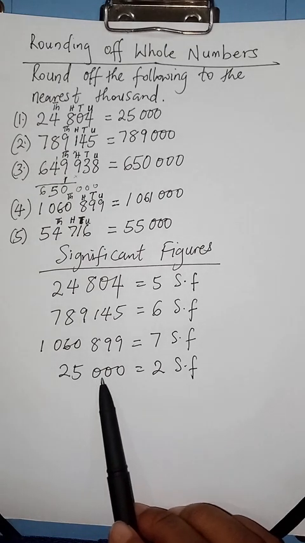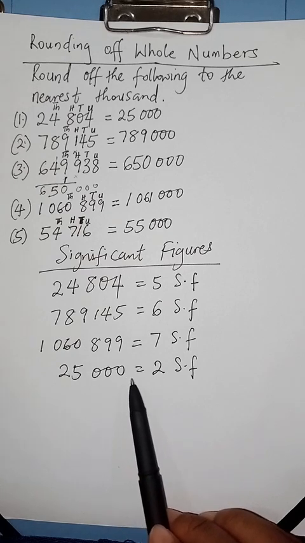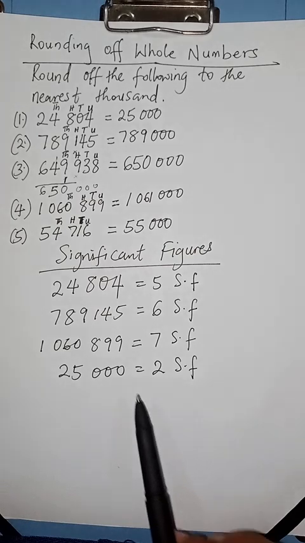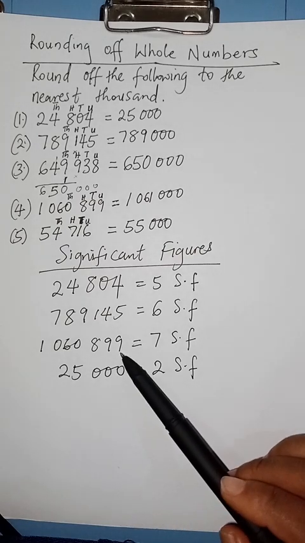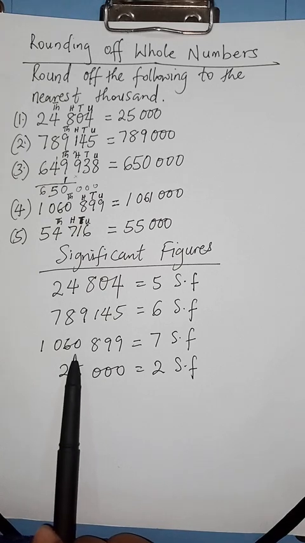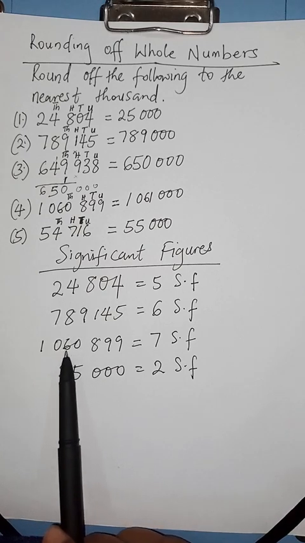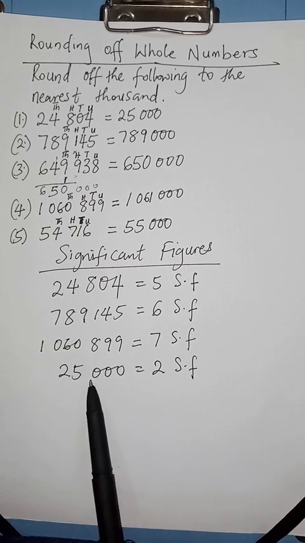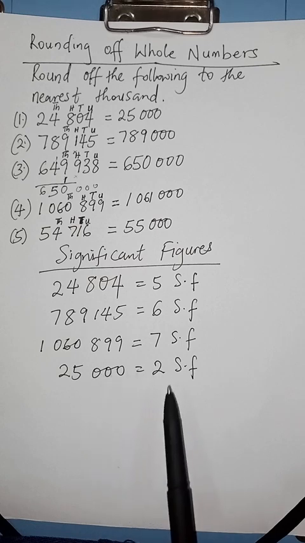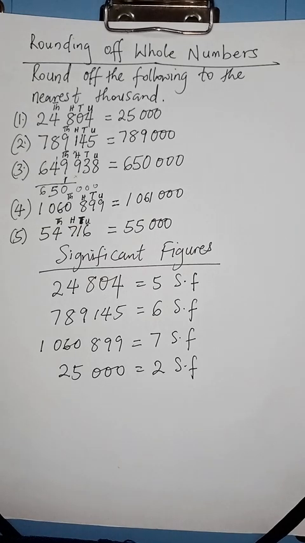Because the others are zeros, and you don't count these zeros as significant. Unlike the previous example, we counted the 0 as significant because the 0 is in between 2 significant figures. But when the 0 is not between any significant figures, then the 0 becomes insignificant. That means it is not recognized.